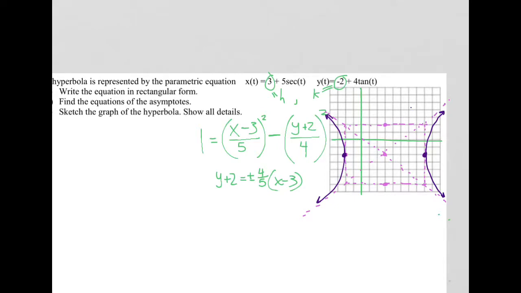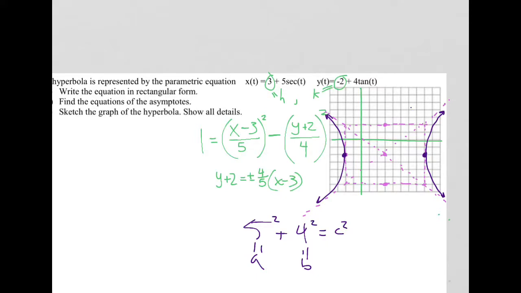Fine, we'll do it. Alright, what's a? a is 5. What's b? b is 4. And what's the relationship between a, b, and c if we're talking about a hyperbola? Well, if it's a hyperbola, then a squared plus b squared equals c squared. So notice this is not a Pythagorean triple.